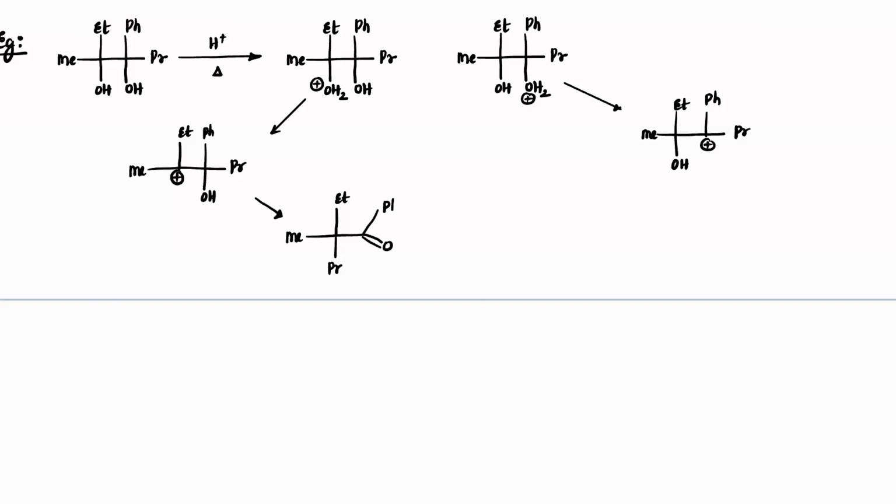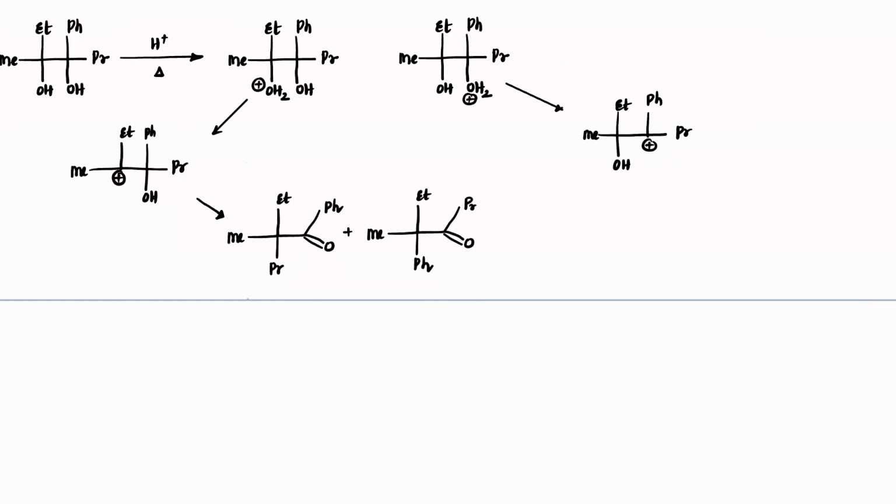This is with Ph forming here. Or another product which I can get is with Pr shifting here and Ph here. So this will be Pr and this will be Ph. These are the two products we can get. Okay. While here, I'll just write it above.